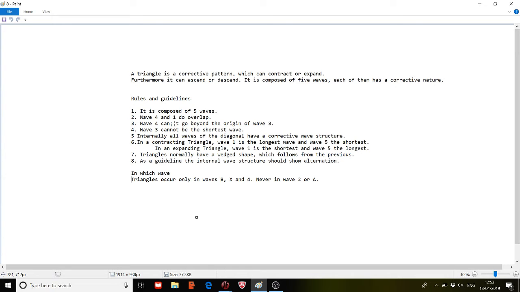Wave 4 is also a corrective wave, but it cannot happen in wave 2 or wave A. Wave 2 just happens after wave A, and it is the first corrective wave in the Elliott wave principle. Wave A is a motive wave.